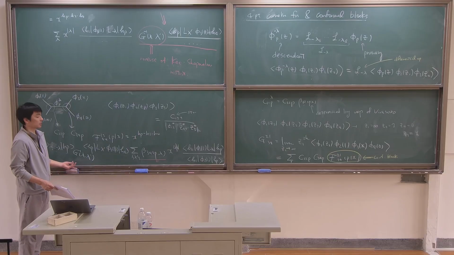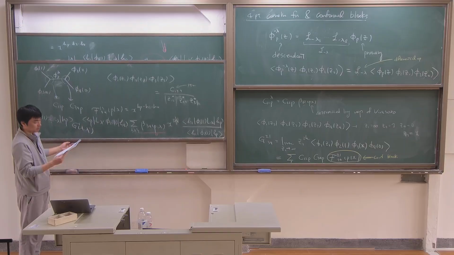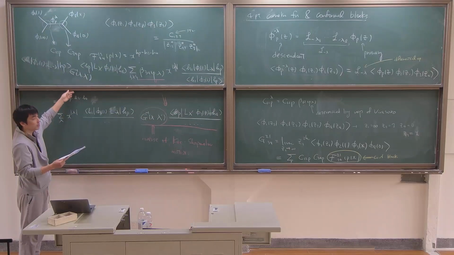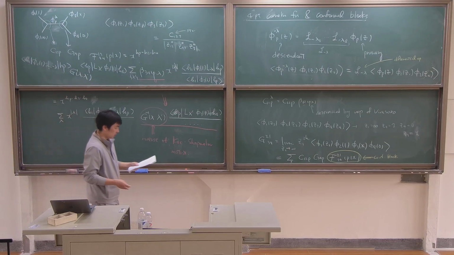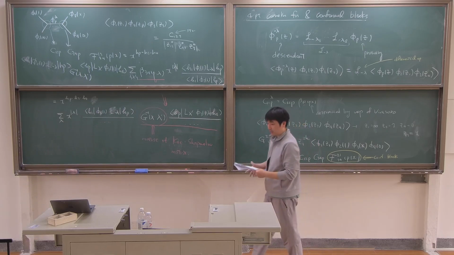So that's exactly the case. I will derive this next time because I don't have the time. I only have 5 minutes left. So this is the next goal, to derive everything.